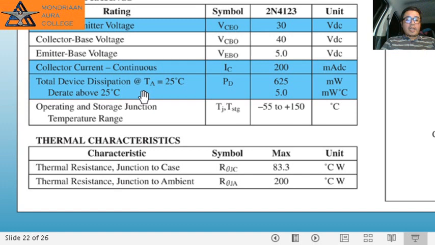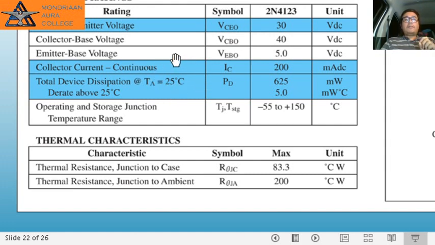Ano kaya itong derate above 25 degrees Celsius na to? This is what we call the power derating factor. Habang umiinit yung ating device, nagkakaroon tayo ng bawas sa maximum power. Ang maximum power natin in this case is 625 milliwatts at 25 degrees Celsius.